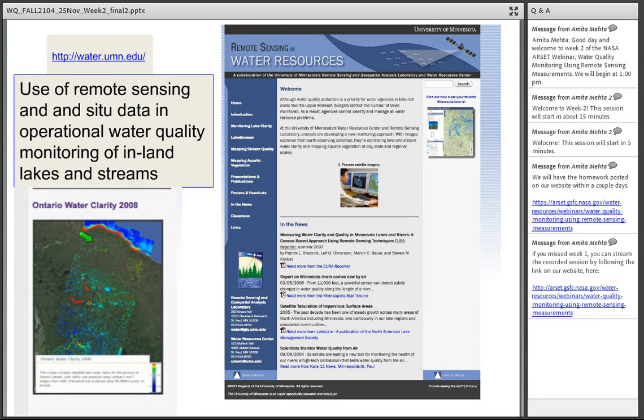This example here is Ontario lake water quality. So this is a good resource to study. There is a lot of information about how to use remote sensing data, and there are practical applications applied on lakes in the state of Minnesota.